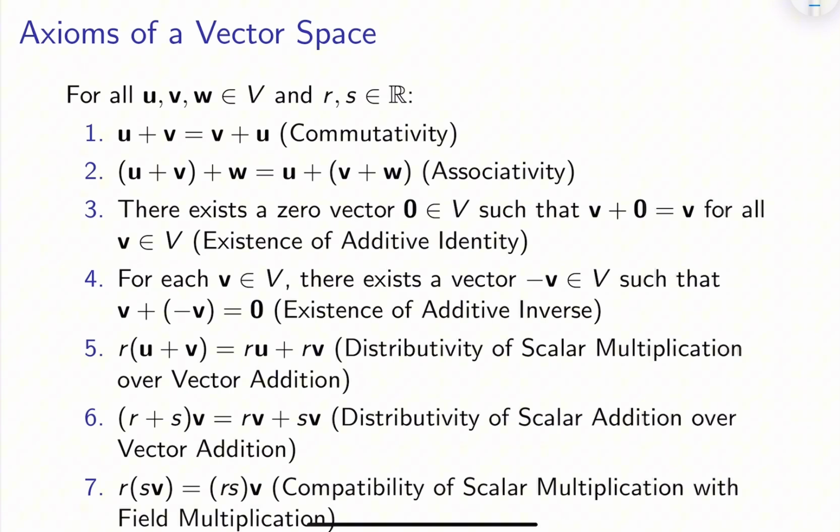For example, let's make a comparison with R. I'm going to ask you to take this for granted, but R with the addition and the multiplication that you know is actually a vector space. Since we're trying to generalize this, let me tell you each property together with what's happening on R. So the properties of the vector space are the following.